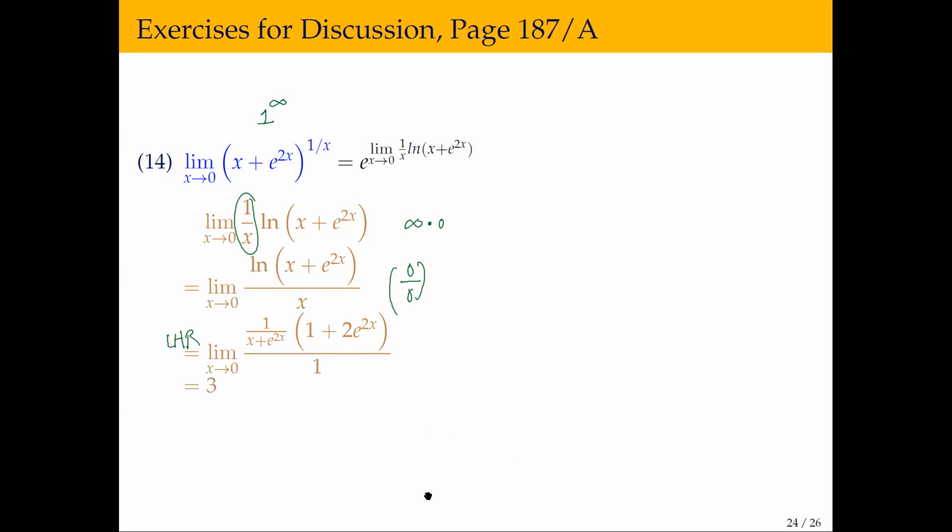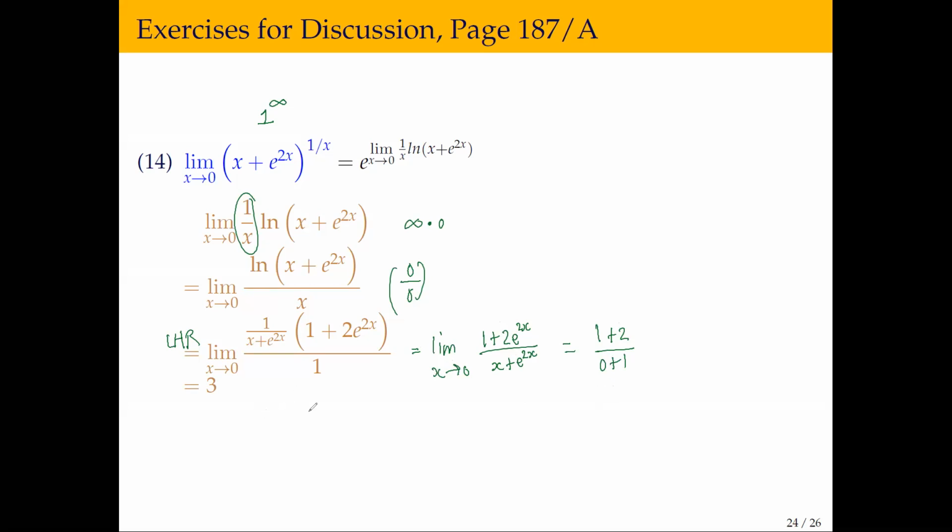Rewriting this one, you'll have the limit of 1 plus 2e raised to 2x over x plus e raised to 2x as x goes to 0. As x goes to 0, this goes to what? We have here 1 plus 2 over 0 plus 1.